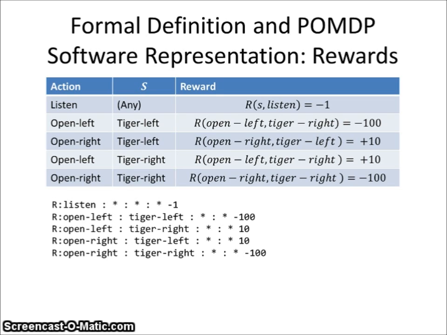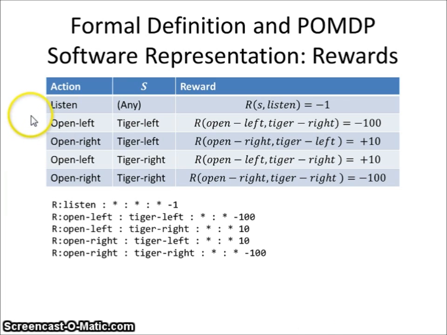In the POMDP language, you can describe the reward as a function of the action, the current state, the observation, and the next state. So instead of describing the function explicitly for all of them, which would be really redundant here, you can use in the software the shorthand asterisk to indicate any, the way it's done in the table. So let's just look at the first line.